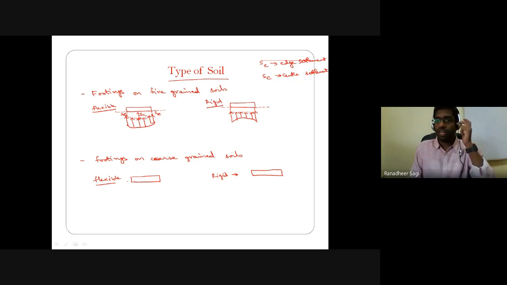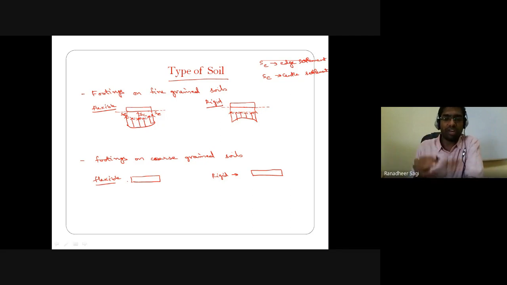So now, in the case of a flexible footing on coarse grained soil, where are you going to have maximum settlement, at the center or at the edge? Once the load gets transferred from the flexible footing to that coarse grained soil, which is said to be saturated also, coarse grained soil will not require much time for the excess pore water pressure dissipation to happen.